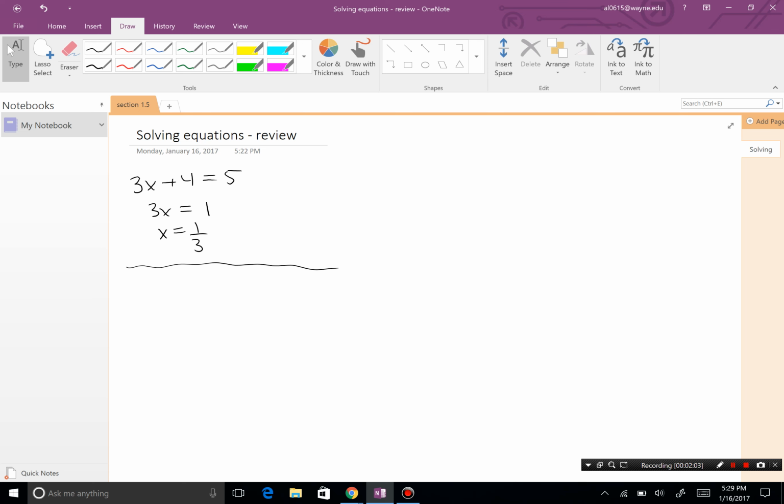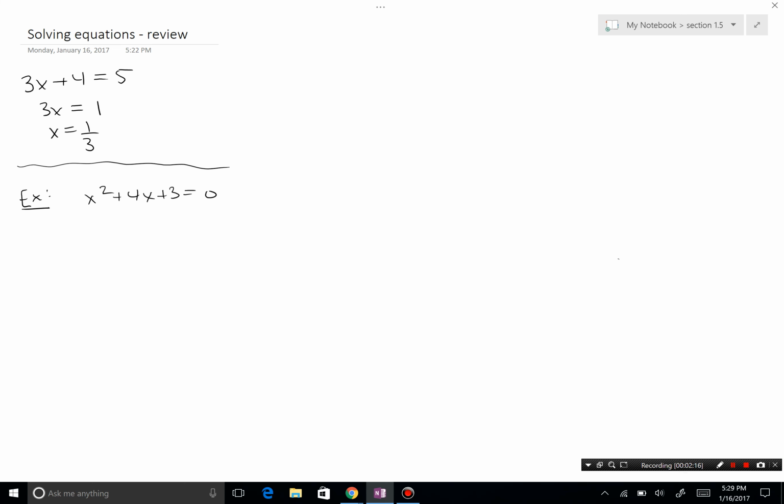For example, if I said solve x squared plus 4x plus 3 equals 0, we could do this fairly simply with just factoring. If you remember, this is going to break up into two binomials. This is x, and you look at the back term and see what we could do to get this 4 here. It's guess and check, so that's a 3, that's a 1, and I think they're both pluses. If you check it out, you'll see it does come out to that.